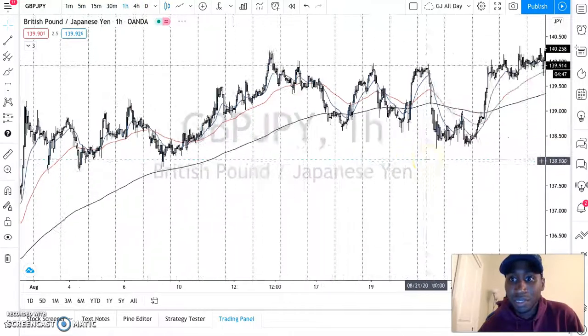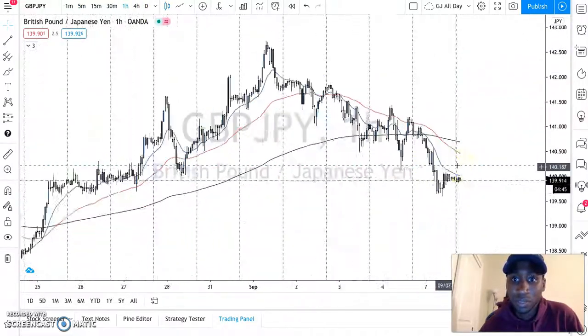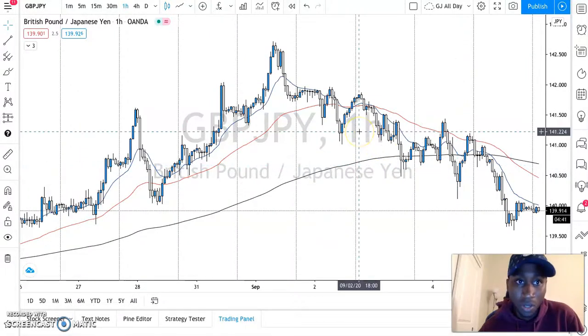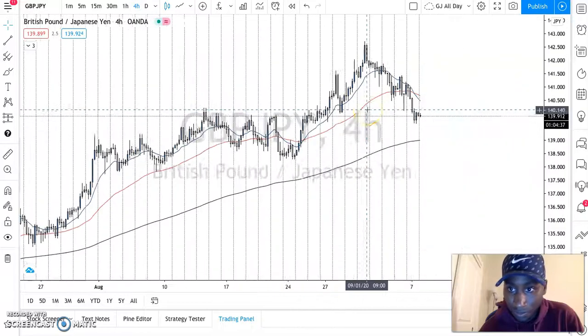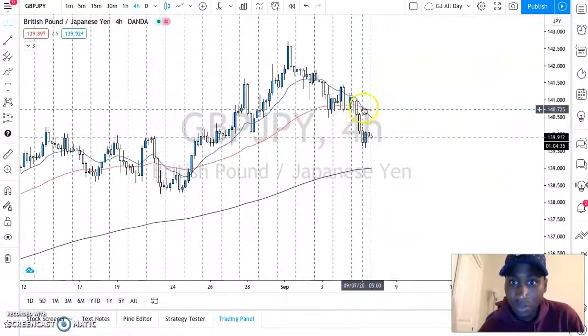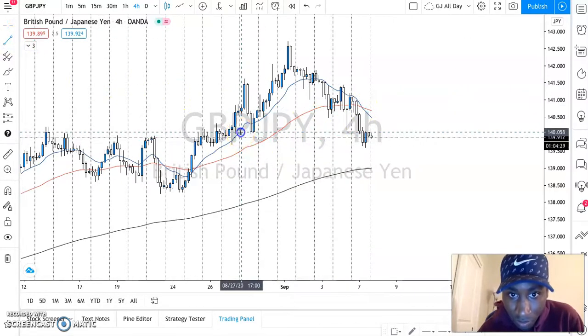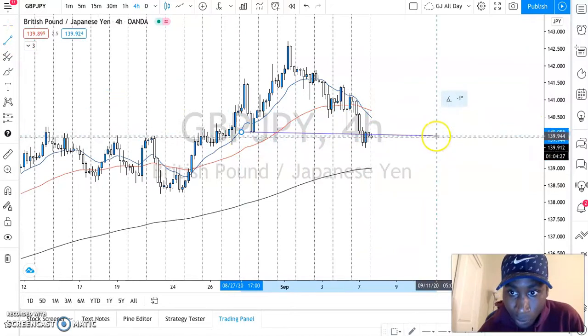What I typically do now is look at it more on the 1 hour and the H4, like how we just got a cross here on the H4. We just broke this level.